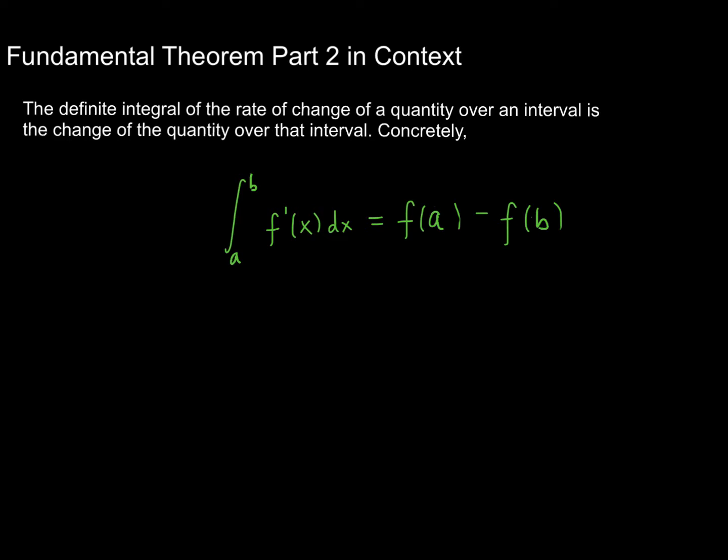So to be very clear here, the rate of change of the quantity is represented here by f prime. The interval, of course, is from a to b. And the change of the quantity, so the quantity is being measured by f of x, right? That tells me how much I have at any given time. And so the change is going to be the difference between f of a and f of b.